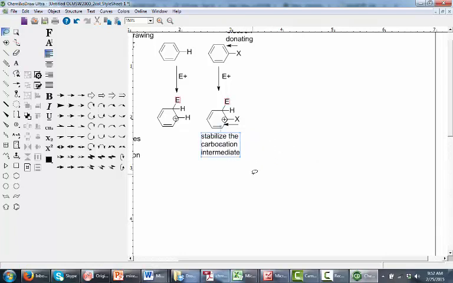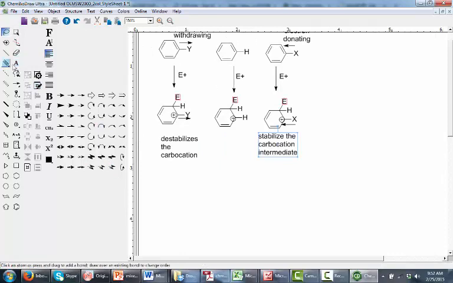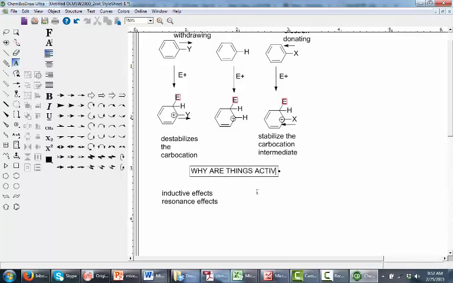And we can even divide this into two different categories of activating and deactivating. We can separate out what are called inductive effects, and the other choice is to talk about resonance effects. So there are two within the category of figuring out why things are activating or deactivating.